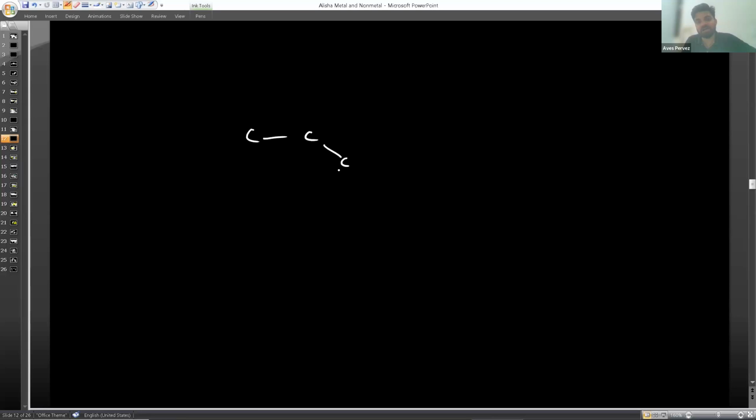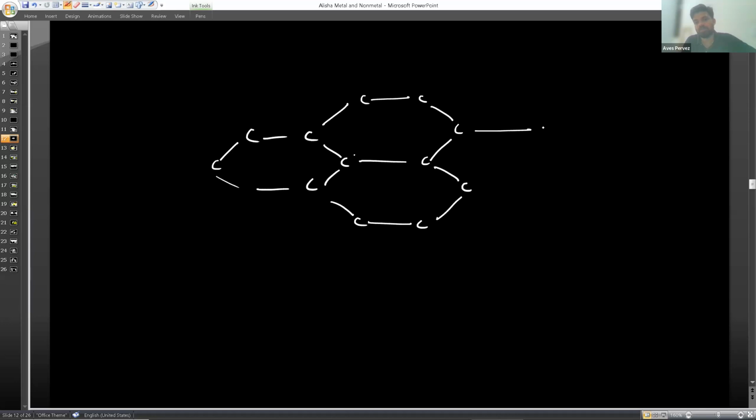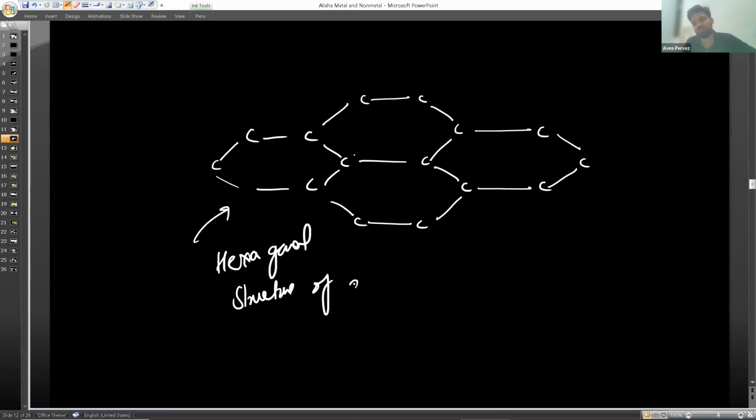When carbon atoms are arranged in hexagonal arrays like this, this is the hexagonal structure of graphite. We will study this in detail in other chapters.